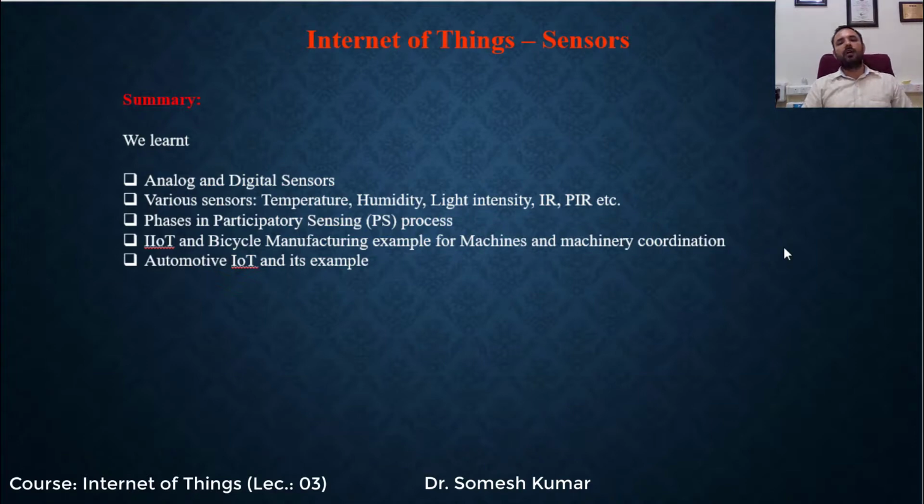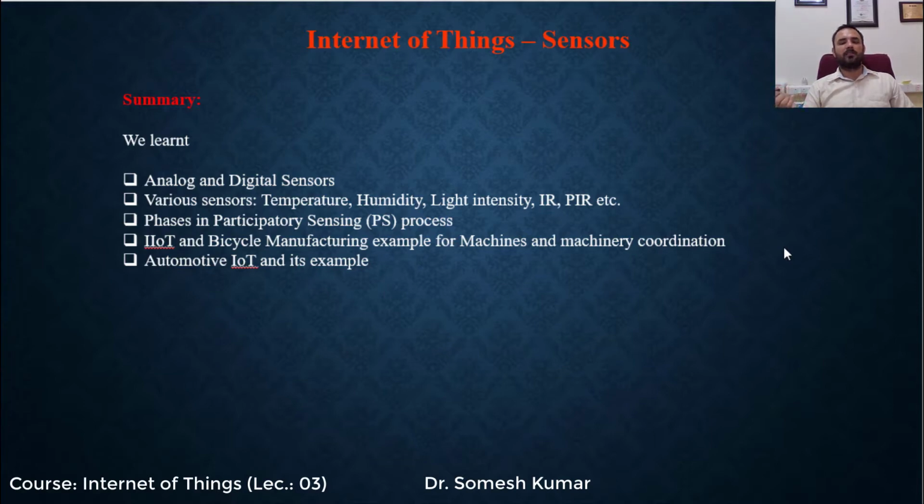Now we come to the end of this lecture. In this lecture, we started with analog and digital sensors, types of sensors like scalar sensors and vector sensors, and also discussed various types of sensors like ultrasonic sensors, PIR sensors, and color sensors.